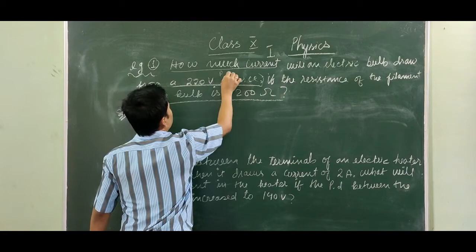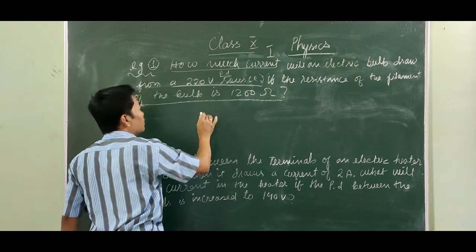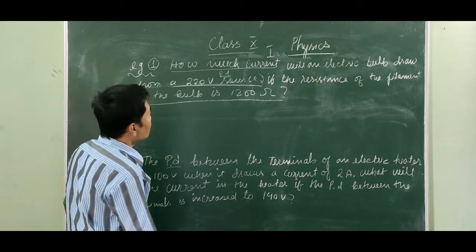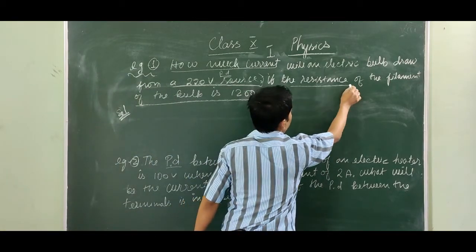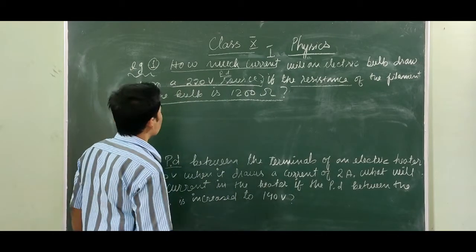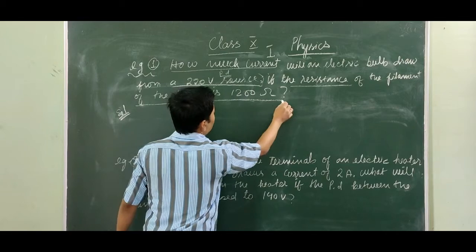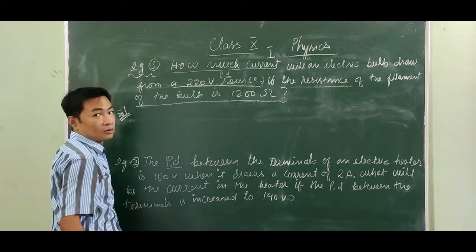So this is a potential difference of 220 volt. We have to find the current I, if the resistance of the filament of the bulb is 1200 ohm.